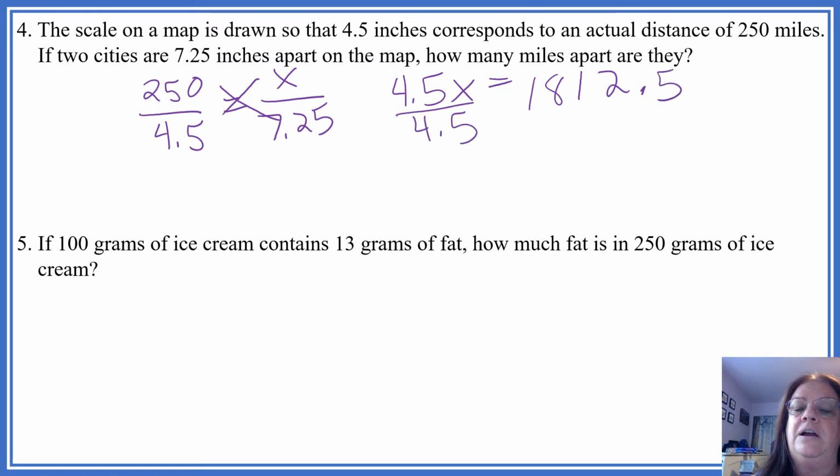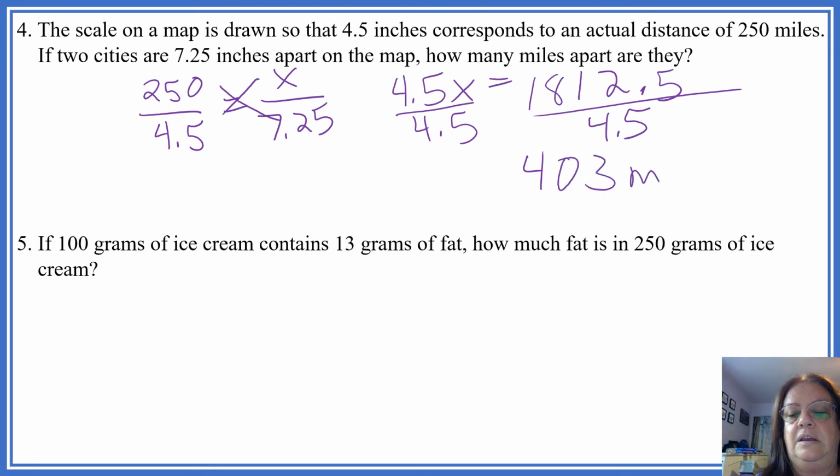Divide by our coefficient, which is 4.5, and we get in miles apart 402. This rounds up to 403 miles.